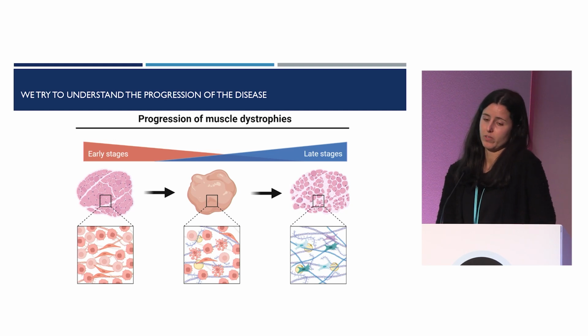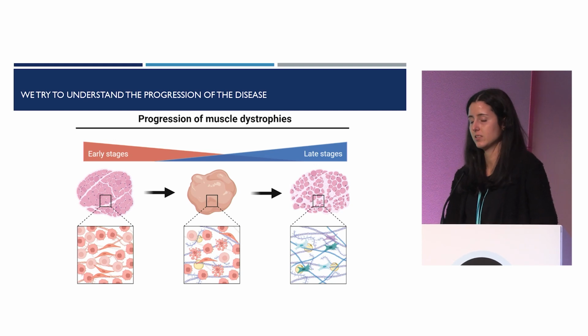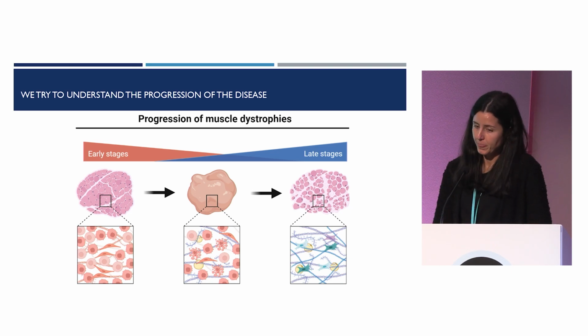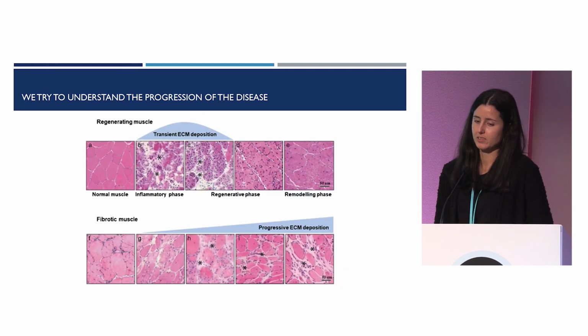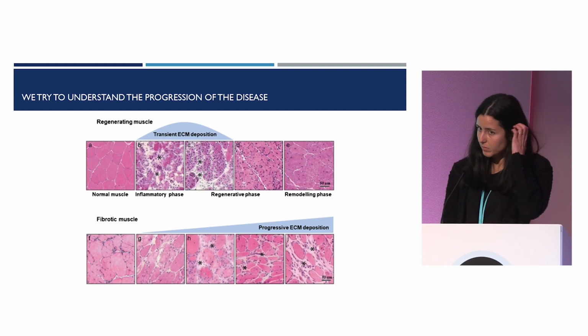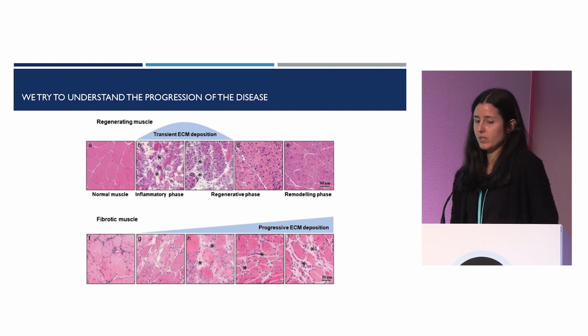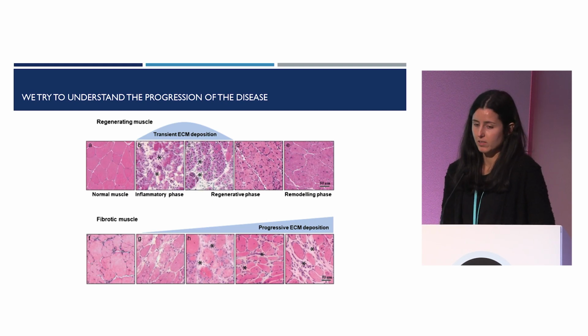So we know so far that in early stages of the disease, the muscle is well preserved, and in later stages there are a lot of different changes that can impair the proper architecture of the muscle. So one of our principal aims is trying to understand which are those differences in the mechanism and the progression of the disease, because that will give us some clues to which type of drugs are going to be more effective in the muscle.